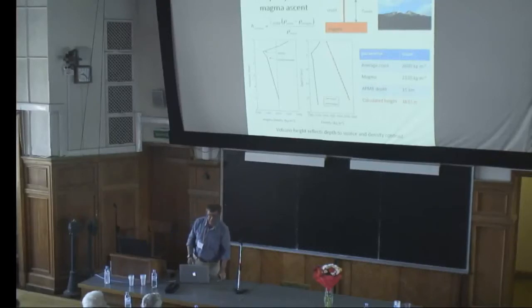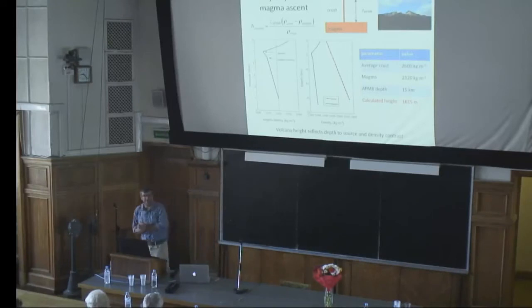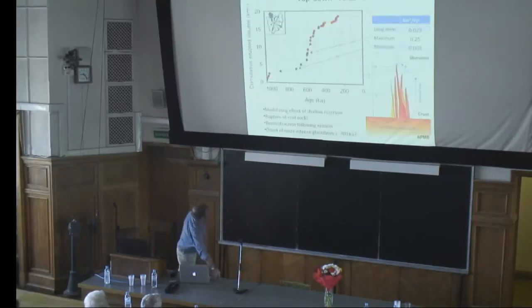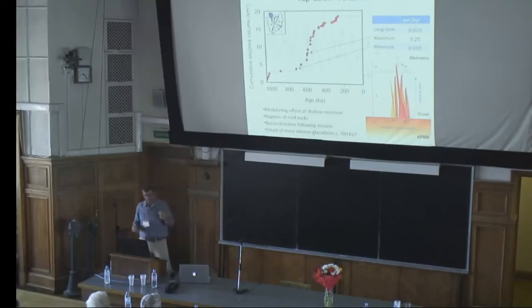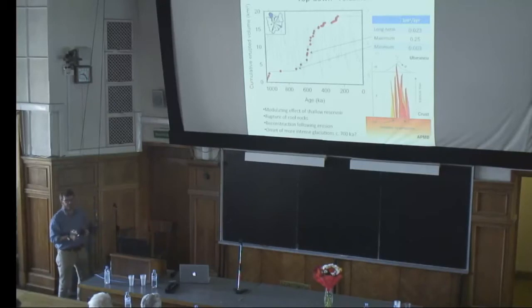And what that opens up is the possibility that if we disturb Uturuncu, if we, for example, destroy the edifice, it will over time try to reconstruct that edifice. And it leads to an idea of top-down volcanism, where actually the magmatic system may be controlled by what happens at the surface.